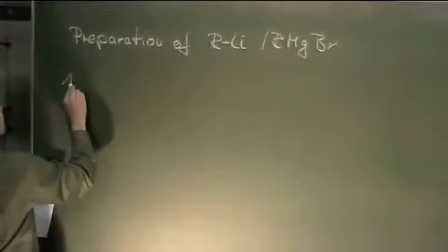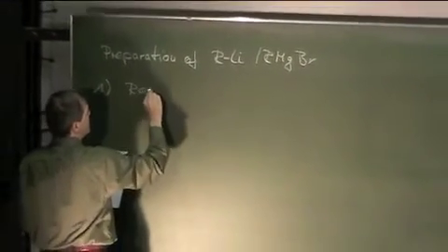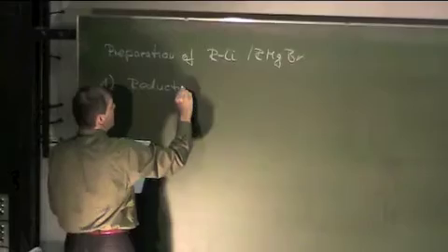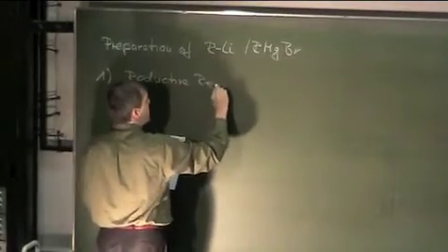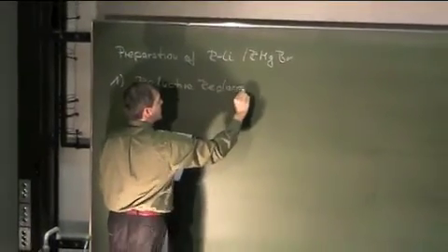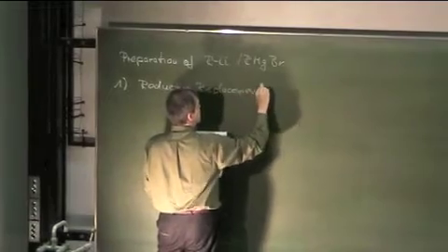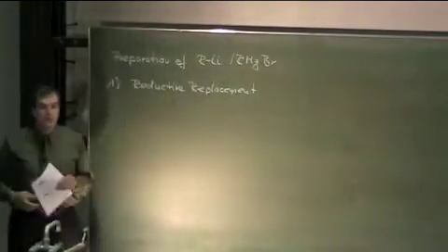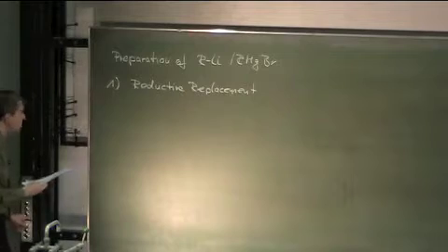And the first method, I'm sure you all know, is the reductive replacement of a halogen by a metal.